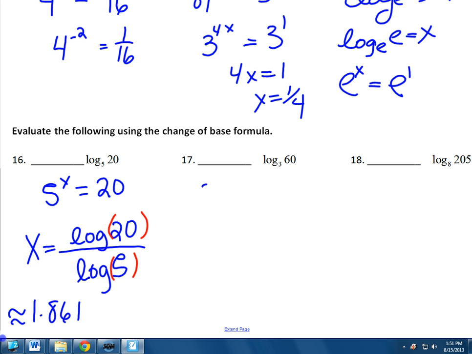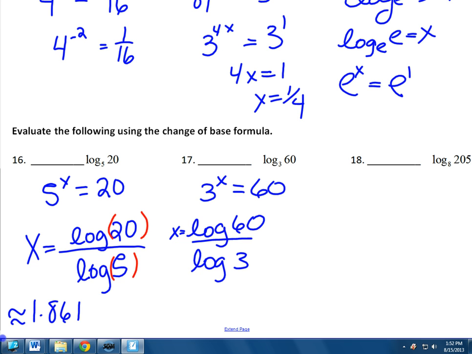This one here, since 3 to the x equals 60, I know that my x equals log of 60 divided by log of 3. If you ever are told, I want an exact answer, or if you just don't have a calculator with you, it is perfectly good. In fact, I'm pretty happy if you leave it at log base 60 over log base 3.